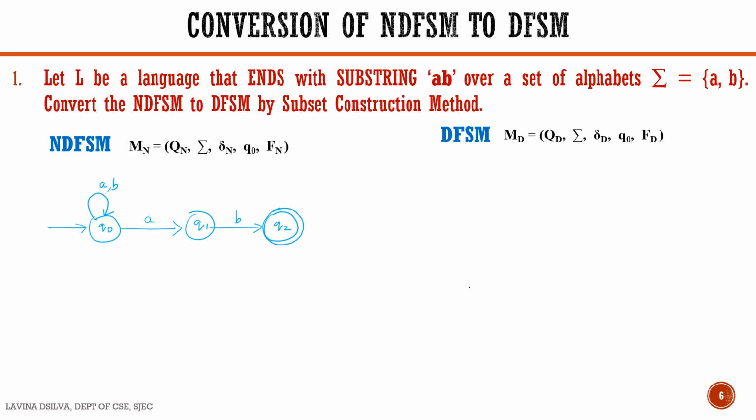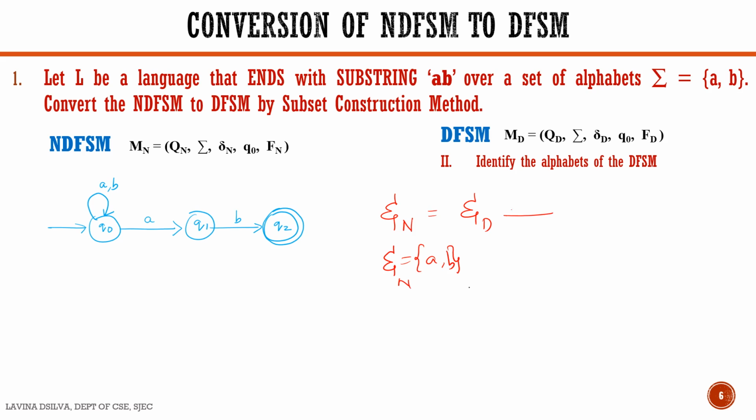The next step in the conversion is to identify the alphabets of DFSM. We know that the alphabet set of NFSM is equal to the alphabet set of DFSM. Therefore, here sigma is equal to A comma B in the case of NFSM. So for our DFSM also the input alphabet is A comma B.